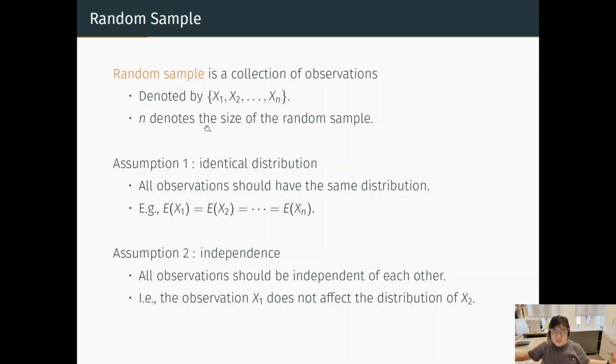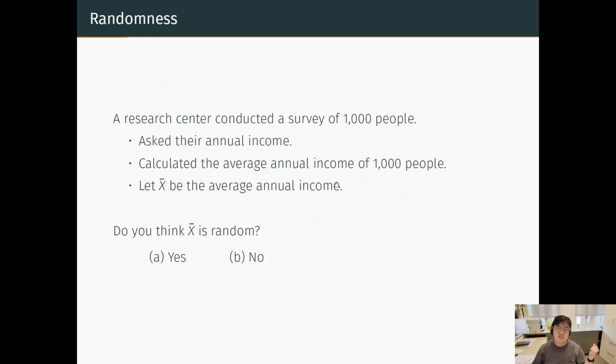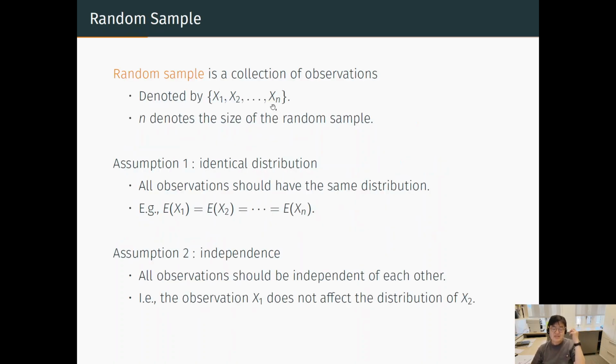So we collect n observations as one experiment, like this survey. In this survey, you observe 1,000 people at the same time. Exactly the same situation. We assume that our data has n observations, and we choose them as one experiment.